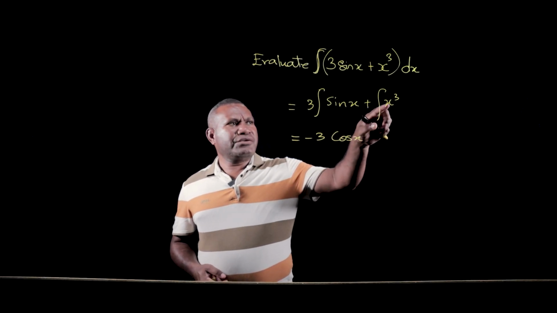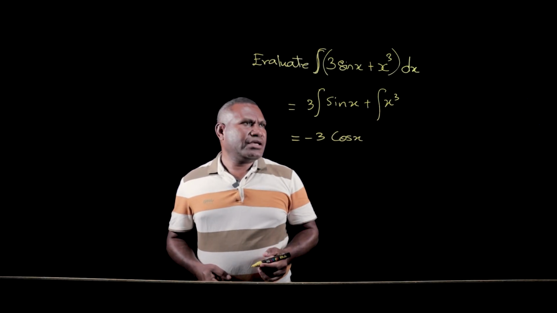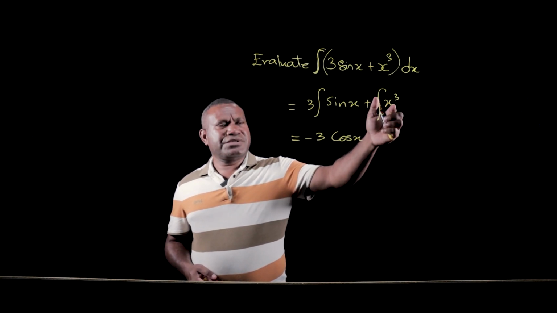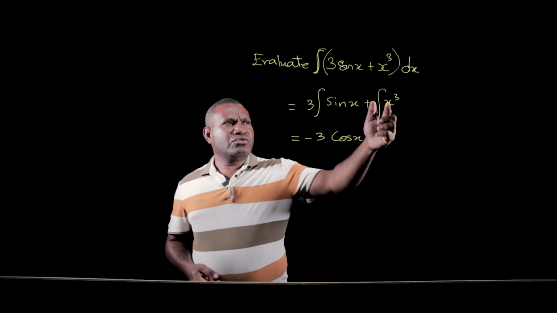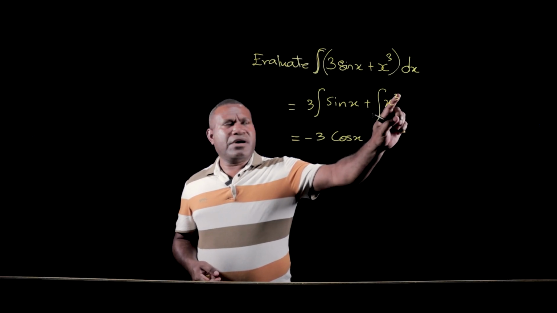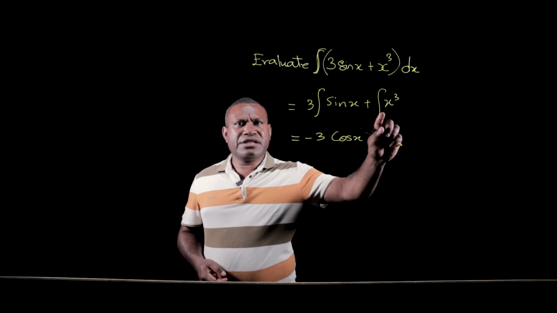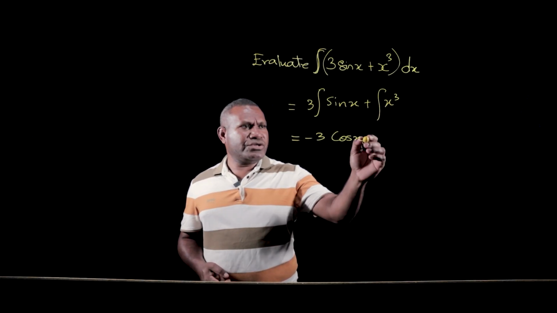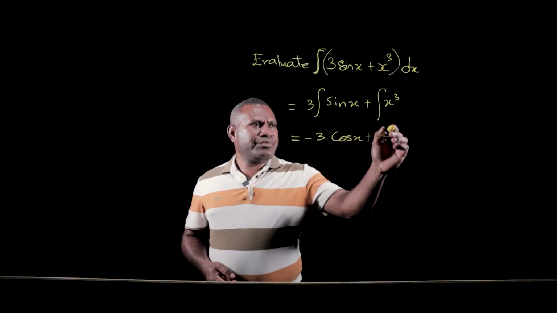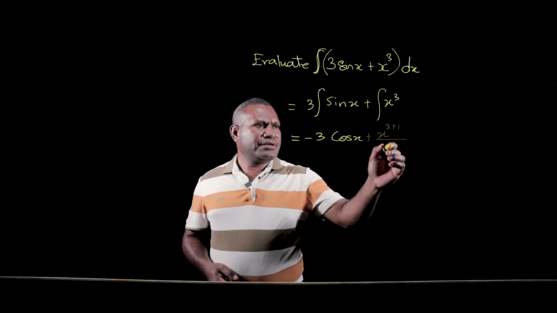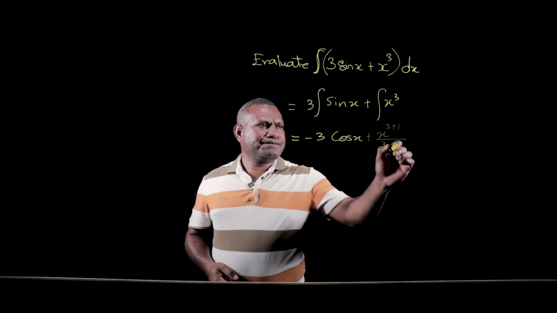Second part, if you integrate x raised to the power of 3, this is a polynomial function, or an algebraic expression. According to the rule, you add 1 to the exponent and divide the whole expression by the new exponent. So it will be x raised to the power of 3 plus 1 divided by 3 plus 1.